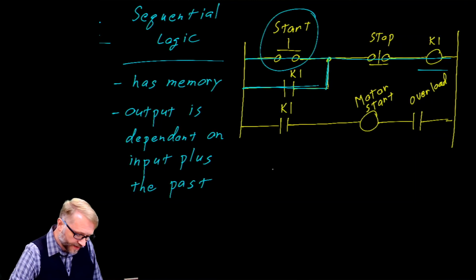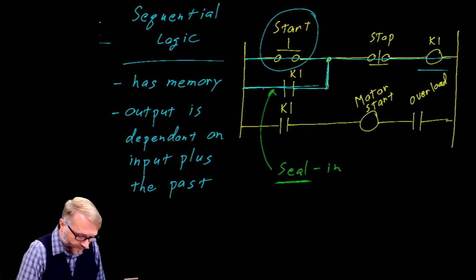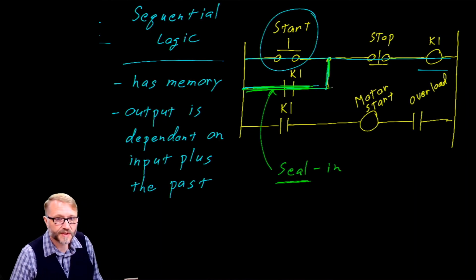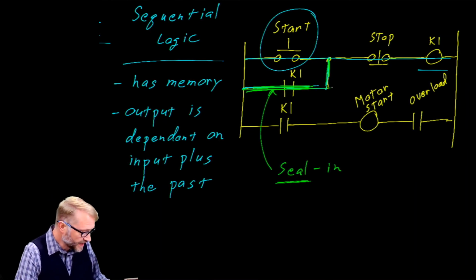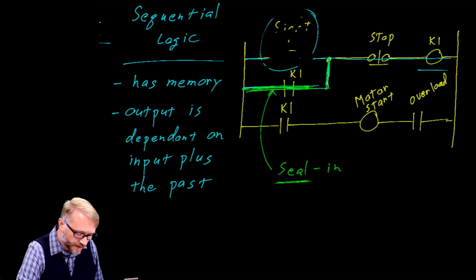It will be a path that powers itself. You could think of that as sealing in its own power. So again, that's where that term seal in comes from. Again, because this is an alternate path, K1 will now hold itself independent of the start button. In fact, we could entirely remove the start button and the circuit would stay activated.